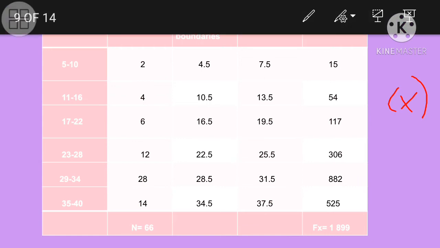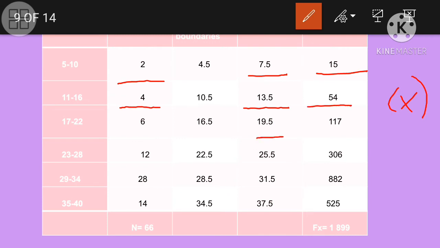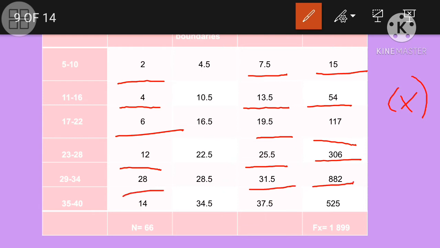So, start. 7.5 times 2 is equal to 15. 13.5 times 4 is equal to 54. 19.5 times 6 is equal to 117. 25.5 times 12 is equal to 306. 28 times 31.5 is equal to 882. 14 times 37.5 is equal to 525.